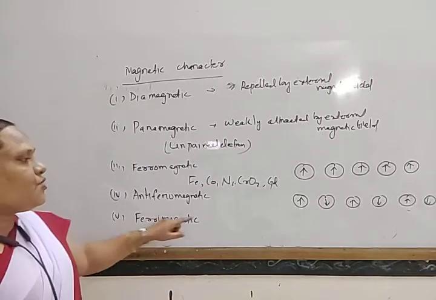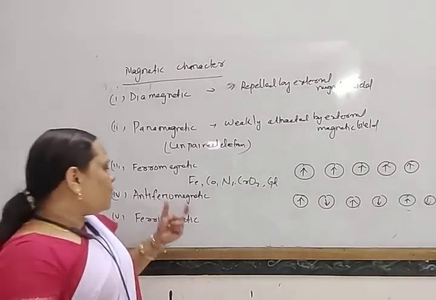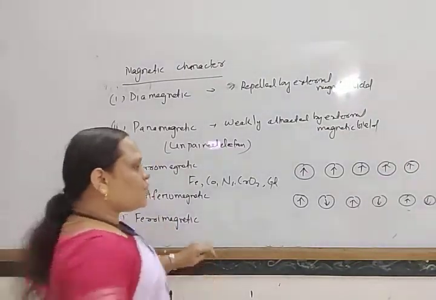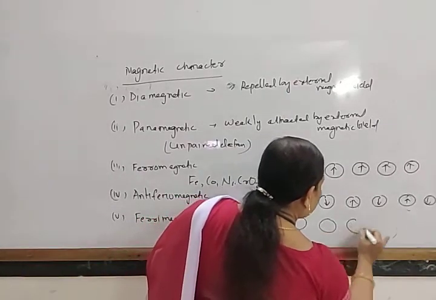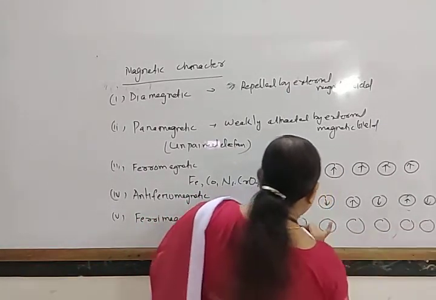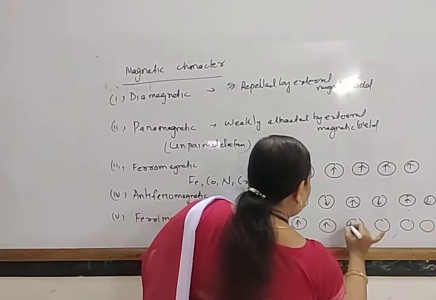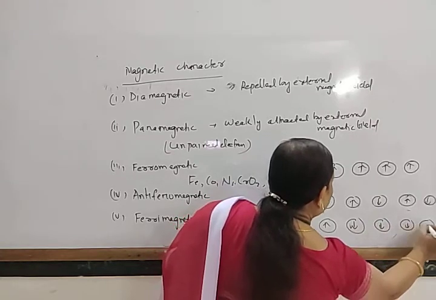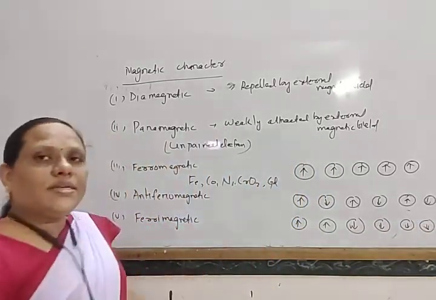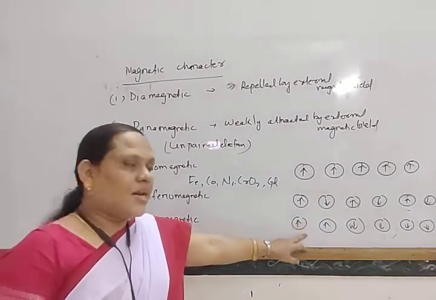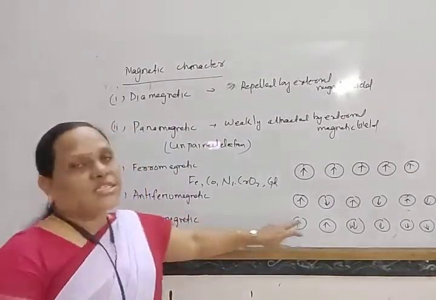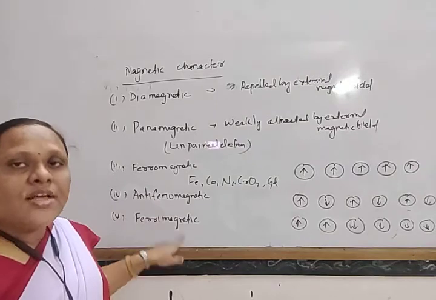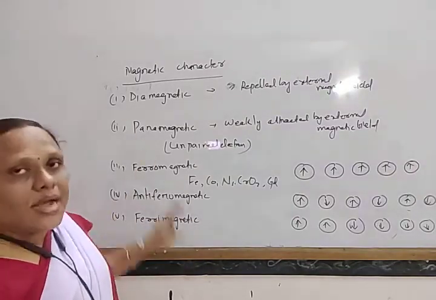Ferrimagnetic substances show behavior similar to paramagnetic substances, and here the domains are unequally distributed in parallel and anti-parallel ways. That gives rise to ferrimagnetic substances. These are also weakly attracted by a magnetic field.